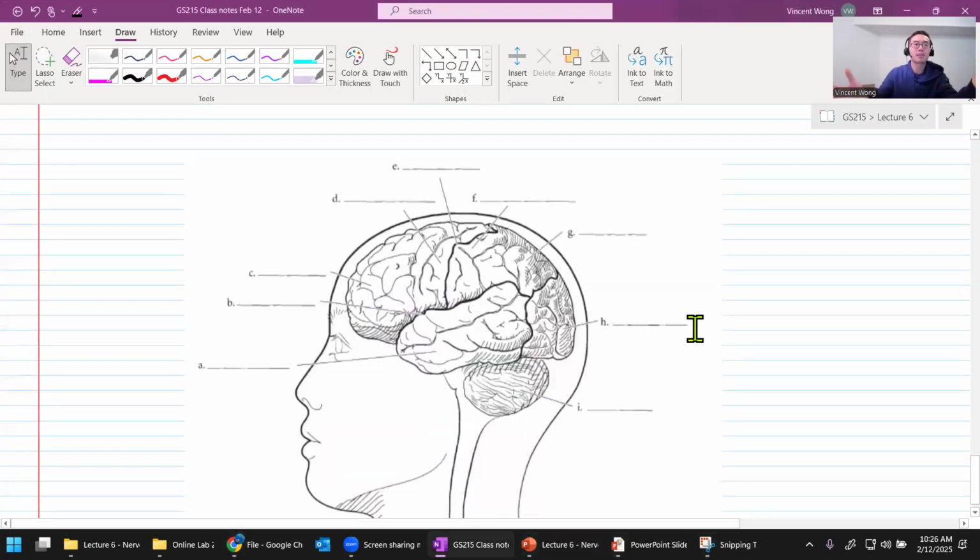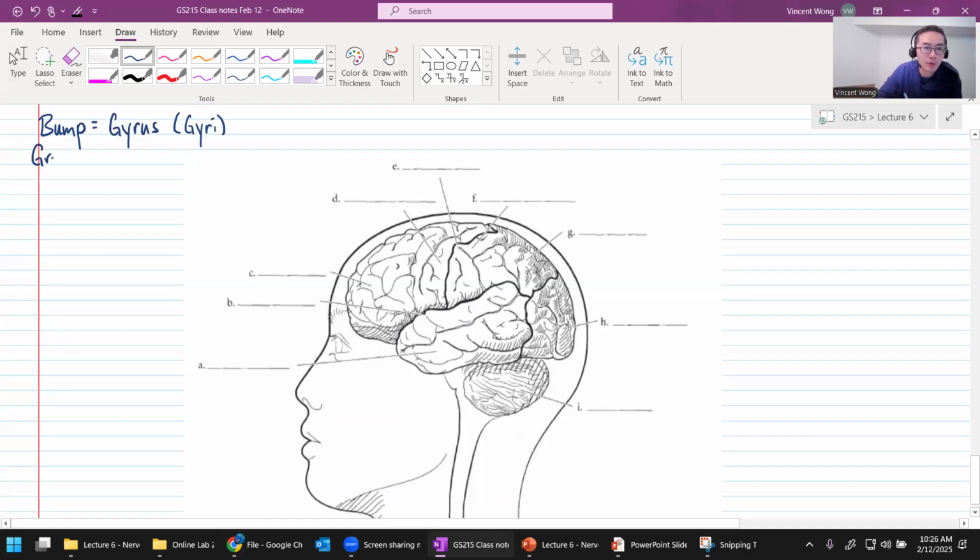So the brain is not smooth. It has all these grooves and all these bumps to it. A bump in the brain is called a gyrus. Plural is gyri.